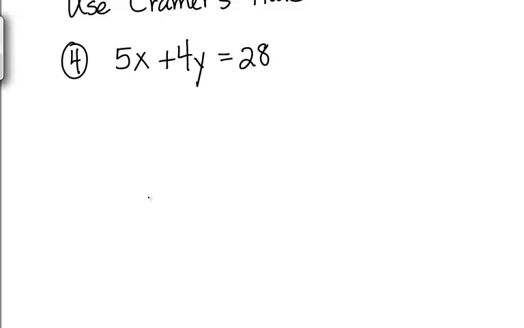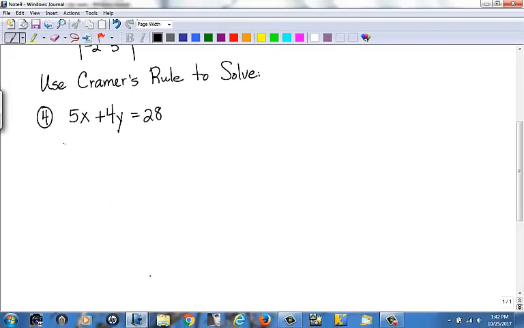Okay. First equation is 5x plus 4y equals 28. Second equation is 3x minus 2y equals 8.